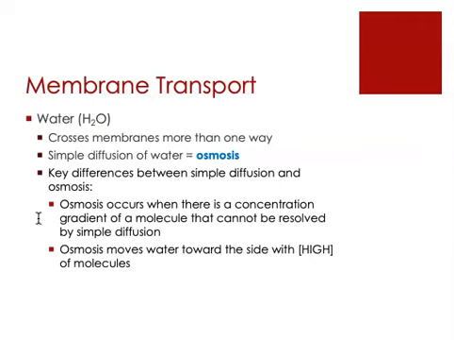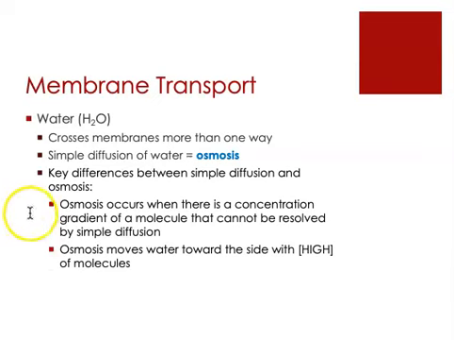It can't resolve to equilibrium because you have a molecule that is either too big or polar or charged, and it can't cross the membrane. When that happens, osmosis will occur. And that's because the water will fix the concentration gradient. The water will help it go to equilibrium.